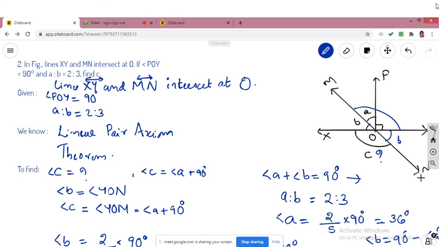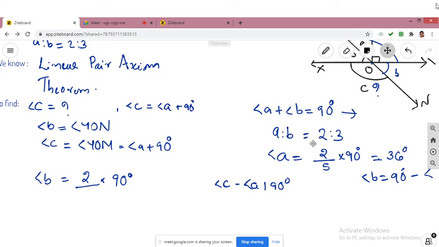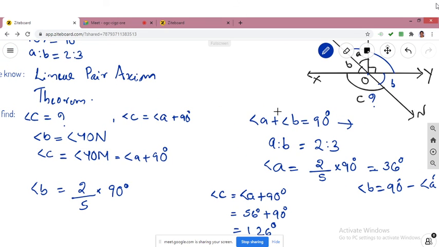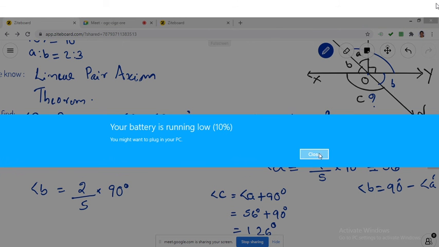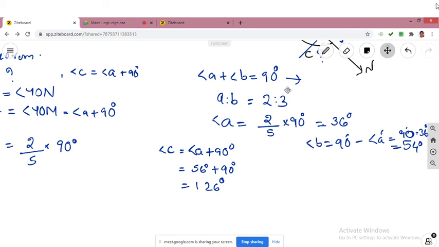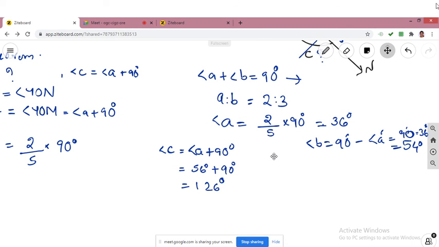Now, angle B is equal to 90 minus 36 degrees, because A plus B is equal to 90 degrees. So we got angle B to be 54 degrees, and angle A plus 90 degrees is equal to angle C, and hence angle C is 126 degrees.